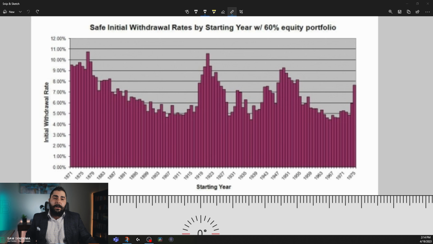Because what we're trying to guard against here, and let me get rid of the chart now, is something called sequence of return risk, okay? And sequence of return risk means that we're not so much concerned with long-term average returns, right? An investor might have a 5% return over a 30-year period, an 8% or a 10%, but what matters more is the order in which these returns occur, okay?